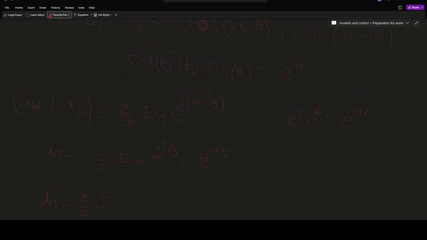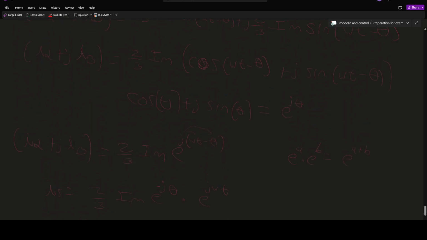We know that this is our alpha beta component, and if we look back, this is the same as having our alpha beta times e to the minus j theta. Okay, so this is just our dq component, and I'm going to call it i dq.